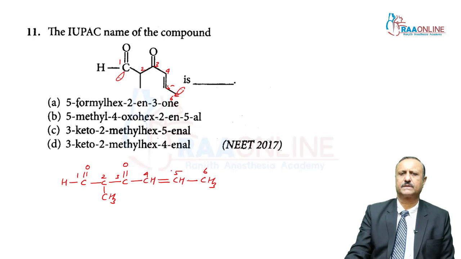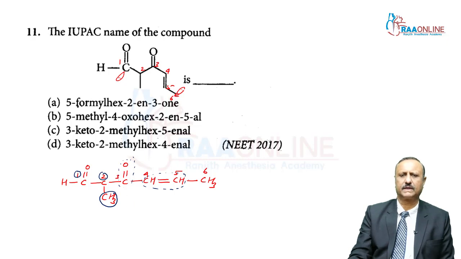Numbering of 1, 2, 3, 4, 5 and 6. 6 carbon atom chains are present here, and you can see here this is the CO group, this is the CH double bond CH, and this is another CO group. My dear students, numbering starts from this carbon atom. Here you can see on the second carbon atom you can get the methyl group.